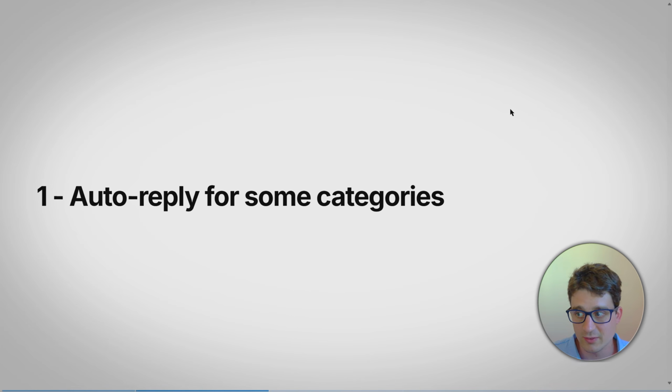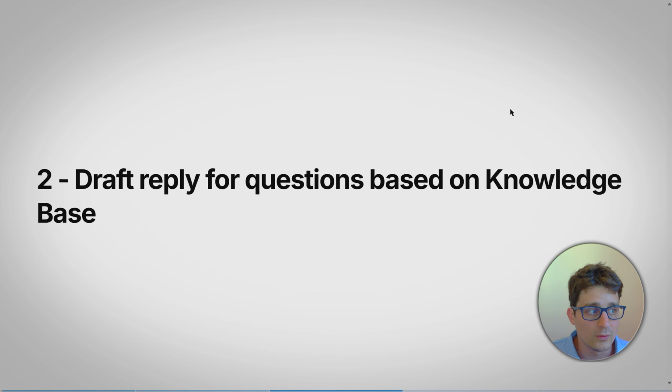We can send a quick RSVP message, which is quite common. We can also draft replies to questions. We can use a knowledge base that is included in the prompt, and in Gmail we can auto-generate a draft that we only need to approve if the answer is correct. So this way we can save time on answering common questions and be quicker in answering them.